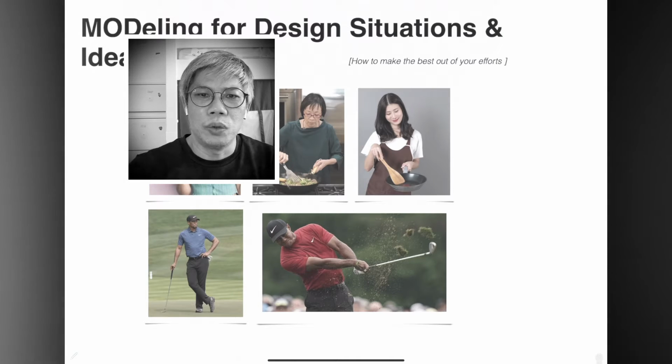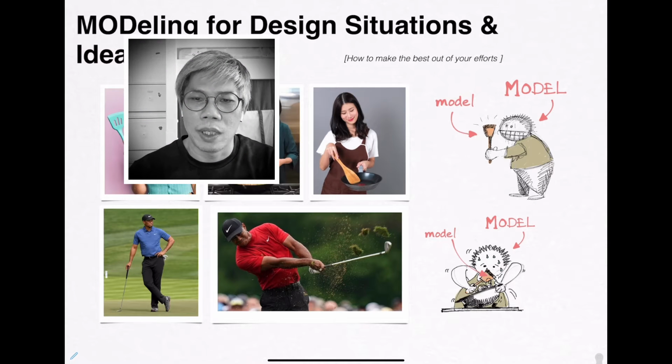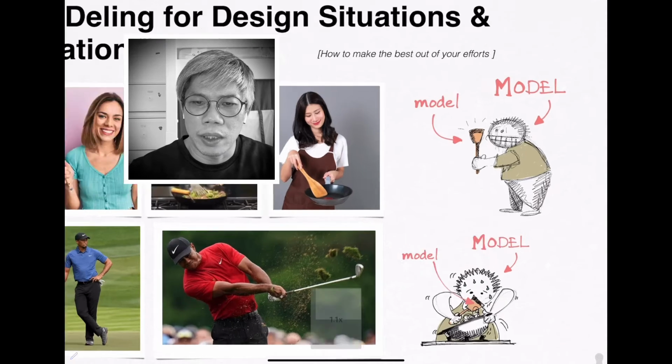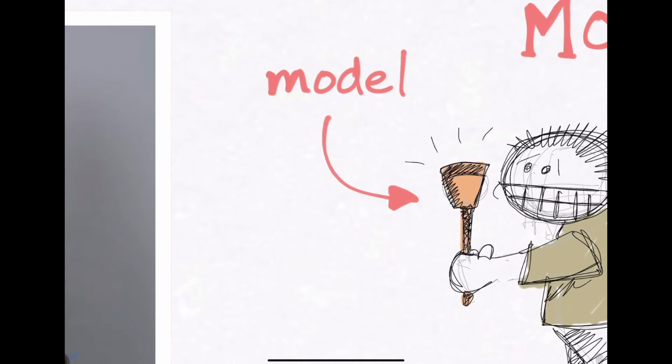Okay, without further ado, let's define what modeling means. You notice in my slide, modeling is spelled with a capital MOD and then ELING in small caps. It is just a fanciful way of writing, but I want to combine model as in the person actually in your photo using the product, and the model assuming a spatula.